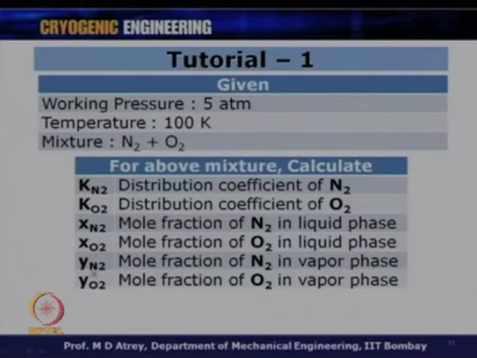Similarly, I have YN2 and YO2 as the mole fractions of nitrogen and oxygen in vapor phases. Earlier they were called Ya and Yb. So, basically I want to calculate Ka, Kb, Xa, Xb, Ya, Yb as KN2, KO2, XN2, XO2 and YN2, YO2 in this problem, and they have to be done at 5 atmosphere working pressure and temperature of 100 Kelvin.